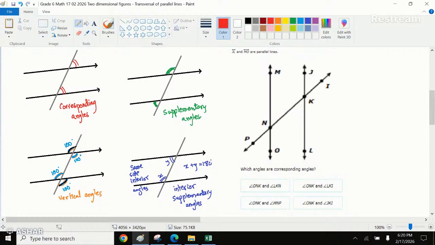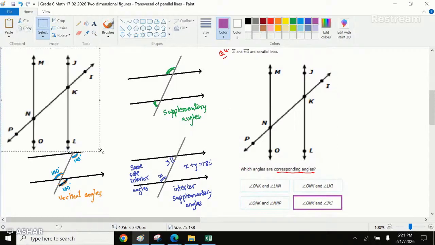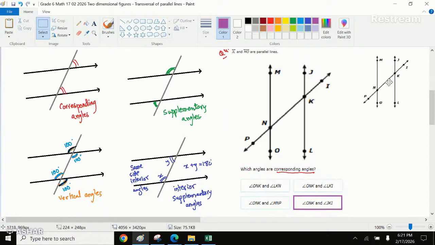So once we look at this, let's suppose this is question number 4. We need to find corresponding angles. Let's look at one of the options. If we have ONK, let's make a copy. I'm doing a copy because I do not have an eraser.